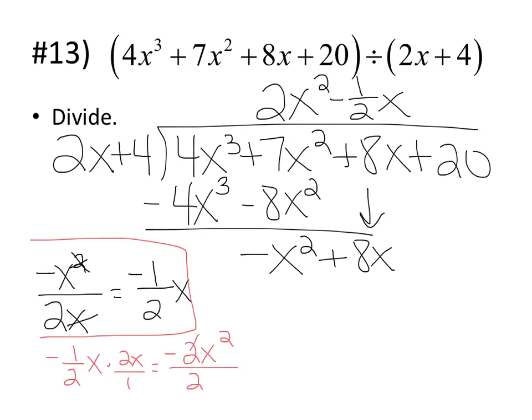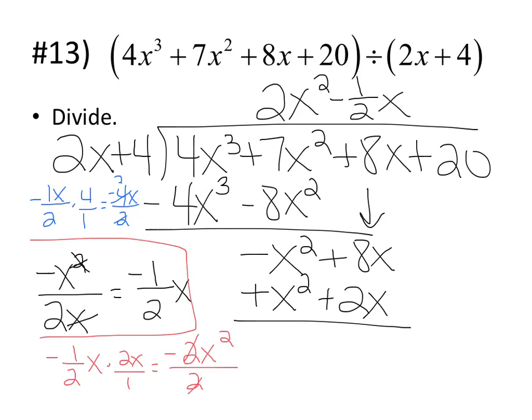Now, your 2's cancel, so you're just left with negative x squared. And now you're going to do negative 1/2 x times 4. So you're going to get negative 4x over 2, which can be reduced to negative 2x, right?